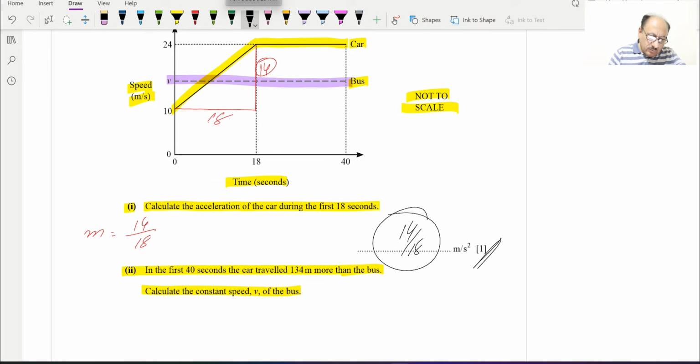For the bus, the whole area is required, which is 40 multiplied by v. So 40v will be the area for the bus, and the car is 134 meter more, so we will add 134 distance to the bus.